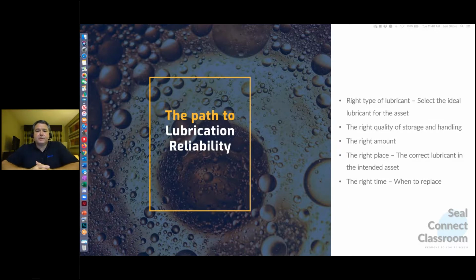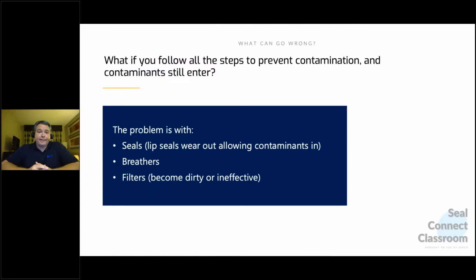The next slide is going to talk about what happens when we do all these things and we still have contamination issues. Contamination is important to prevent, and we spend a lot of time on filtering oils.